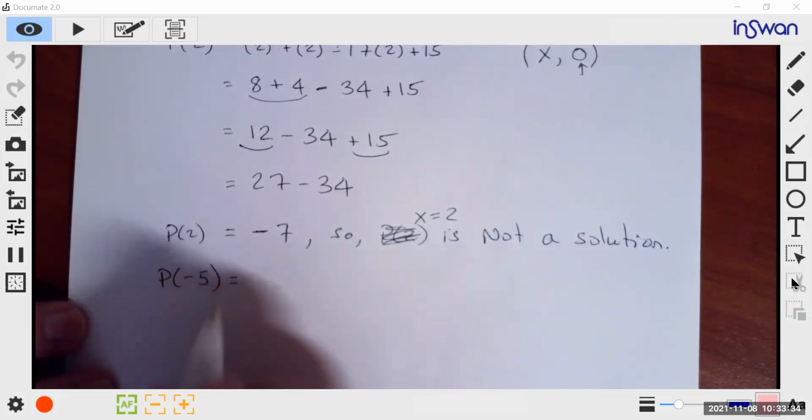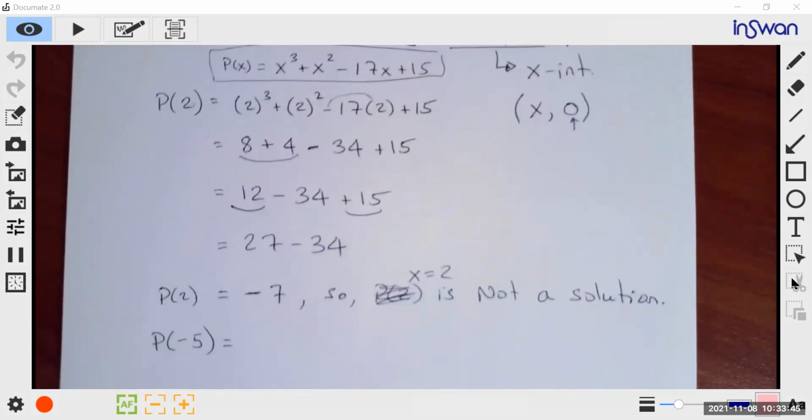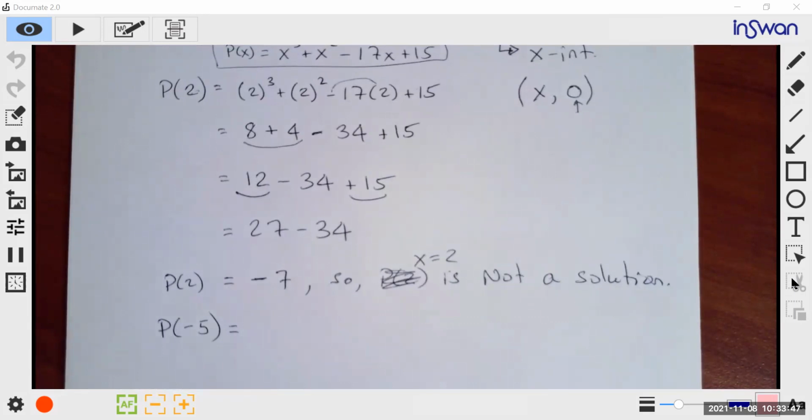Try negative 5. Same function. Try negative 5.